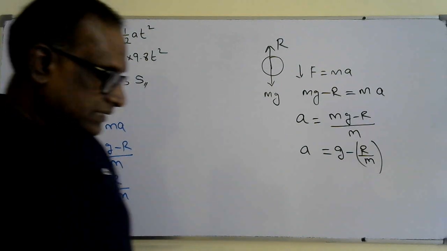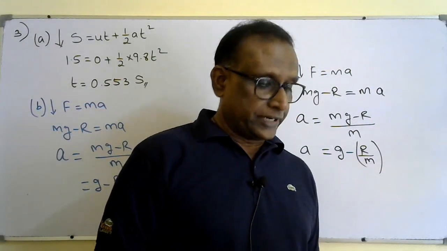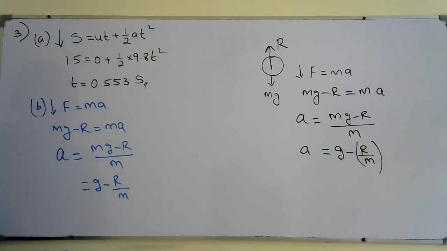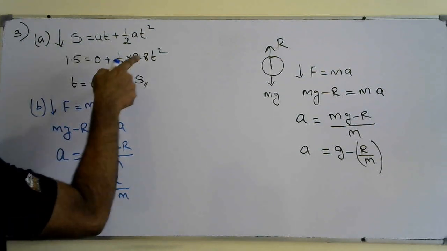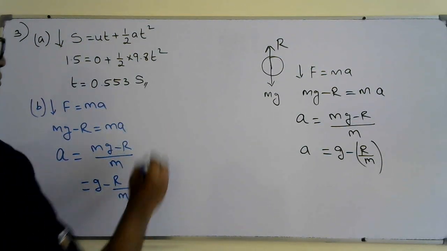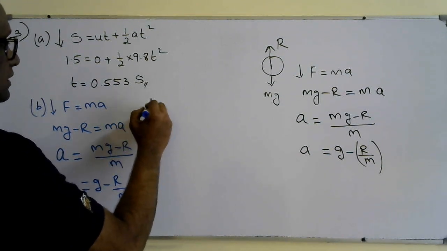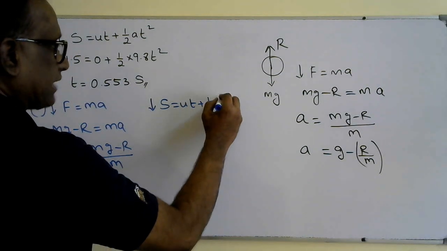Then they are saying the time taken is 0.6 seconds. So I can use s equals ut plus half at squared again, but for a I can't put 9.8, I have to substitute this one. So I'm going to use downwards s equals ut plus half at squared when there is drag force.